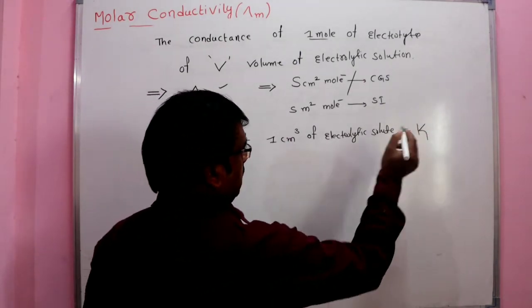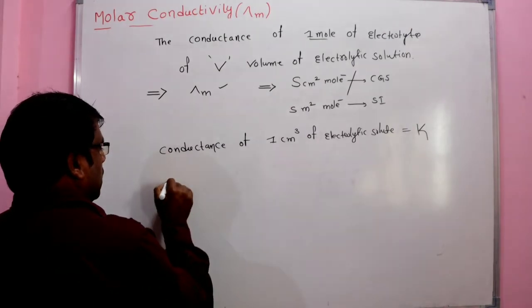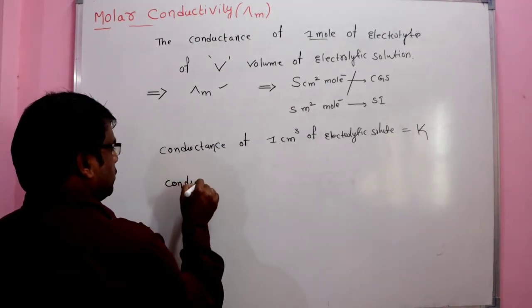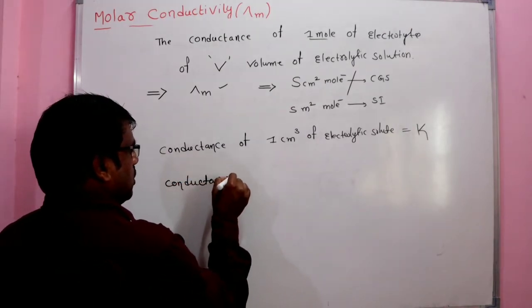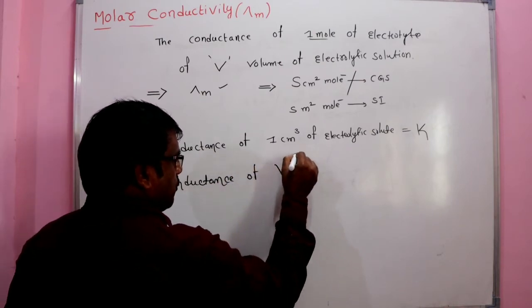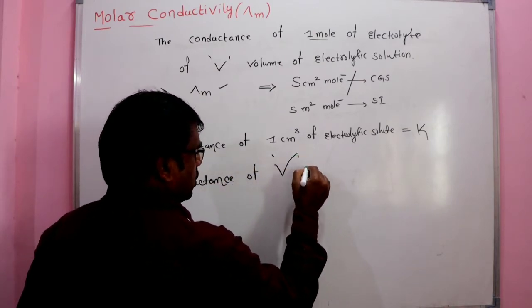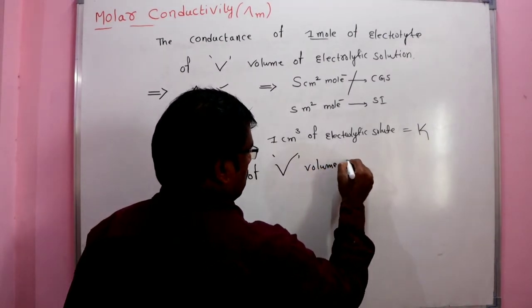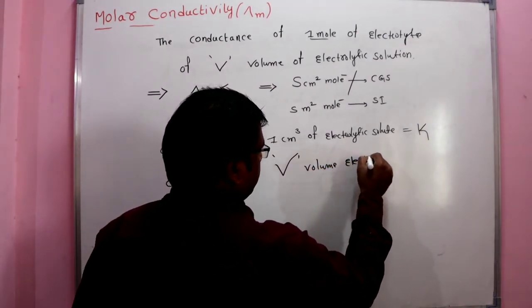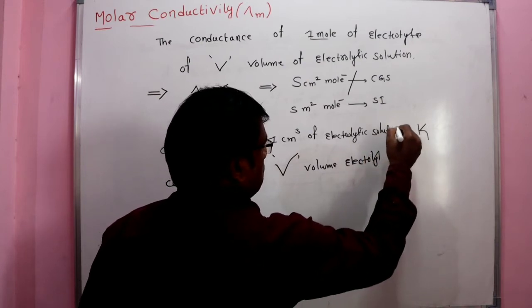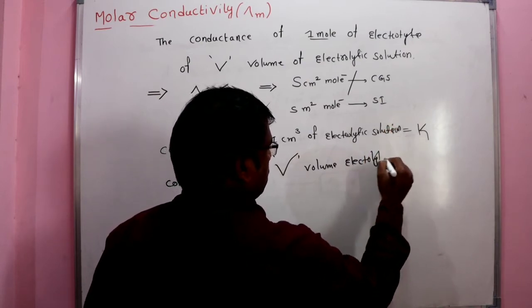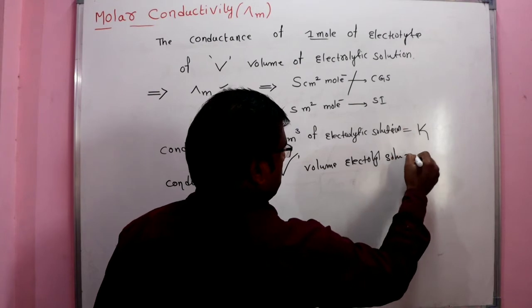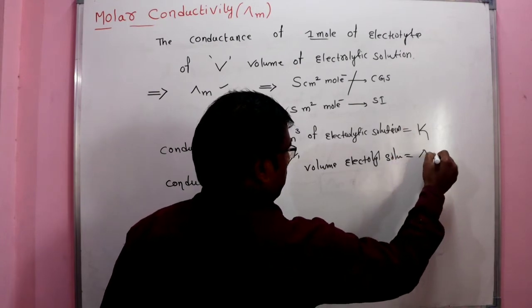Then conductance of V volume of electrolytic solution is equal to lambda m.